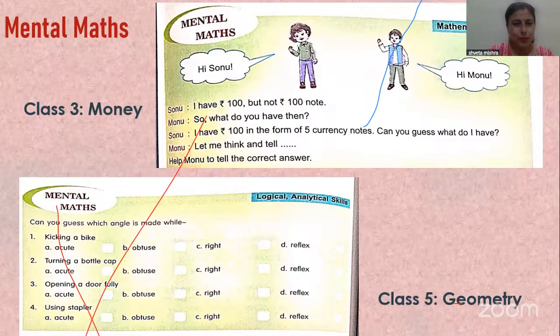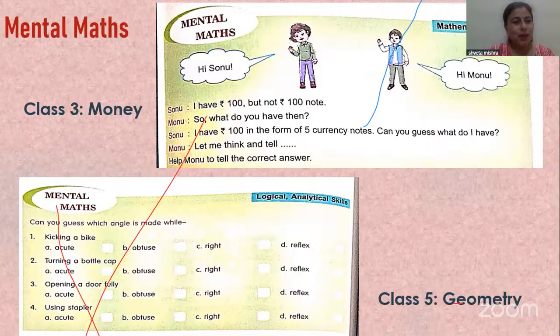A is acute, B is obtuse, then C is... Yeah, I'm waiting for the answer. What is the correct option? Yeah. Normally it is acute, until and unless it is messy. It can go anywhere.